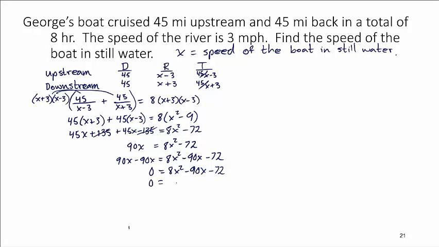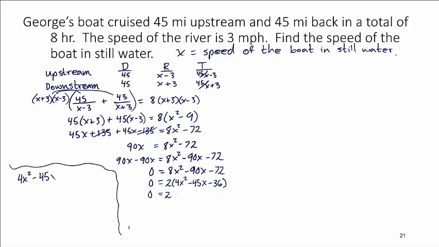So, trying to get the greatest common factor out, I know I can pull a 2 out, right? So that'll leave 4x squared minus 45x minus 36. So this probably factors. You can always go to the quadratic formula, but I want to see if I can factor it.